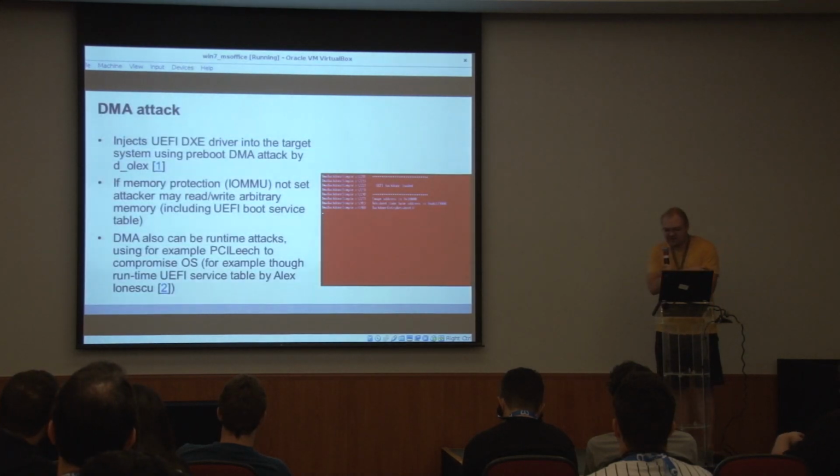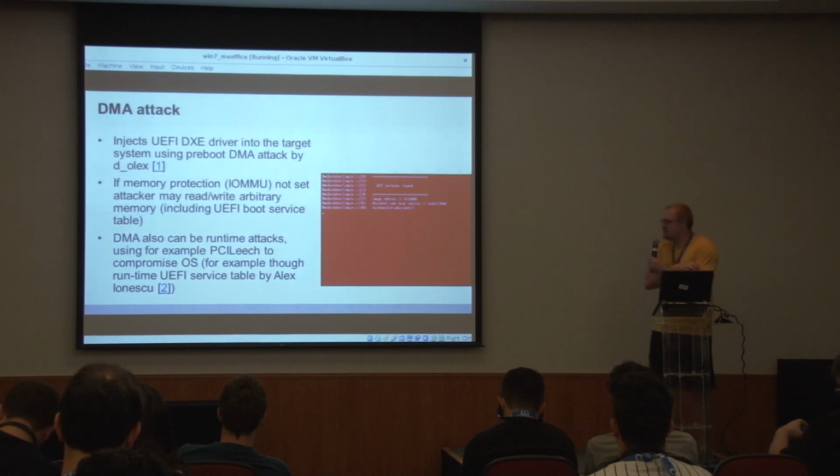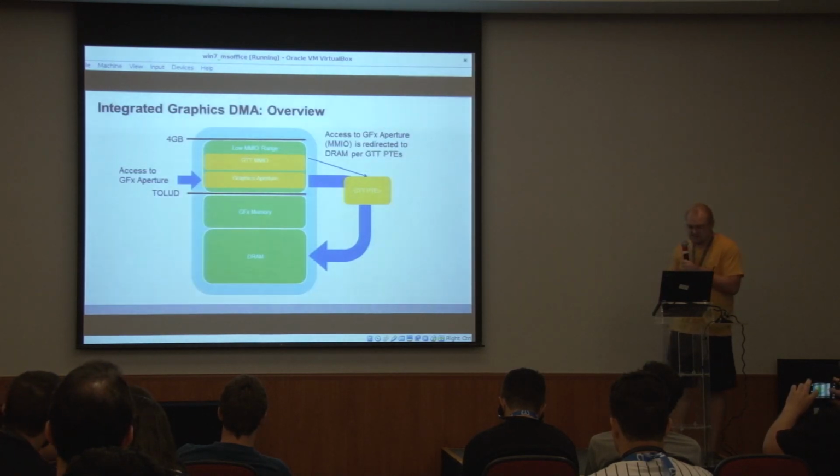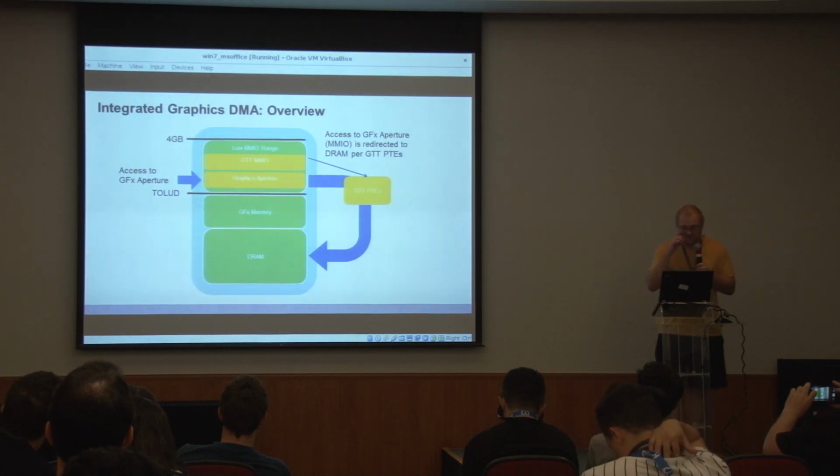One of the attacks which I will go through really fast, which is applicable for both architectures, is the DMA attack. It is a pre-boot attack where you inject some boot component during boot and you can own the system. In x86, there are a couple of different scenarios for this attack as well.